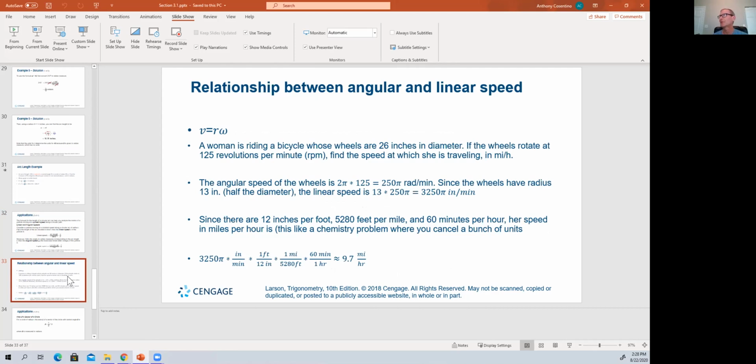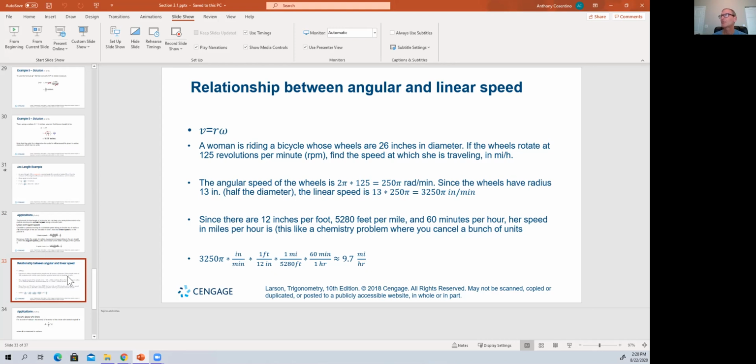I'm going to walk you through this on the whiteboard, but first, I want to read you the problem. Here we have the relationship: the velocity, which is linear velocity, is related to the radius times the angular speed.